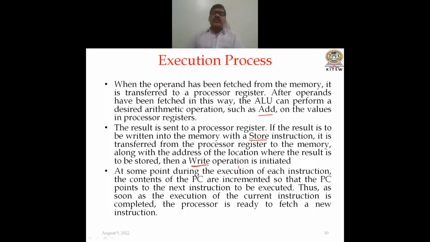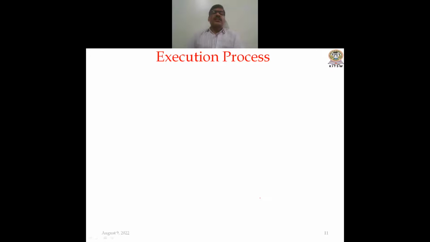At some point during the execution of each instruction, the contents of the PC are incremented, so that the program counter always points to the next instruction to be executed. Thus, as soon as the execution of the current instruction is completed, the processor is ready to fetch a new instruction from the main memory.